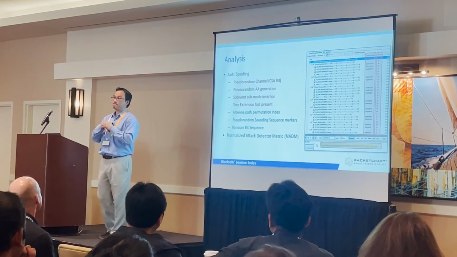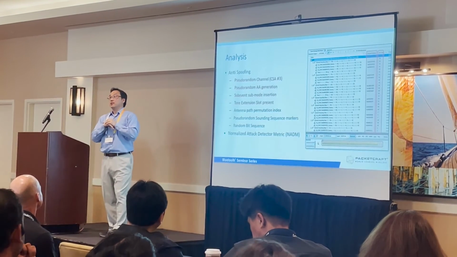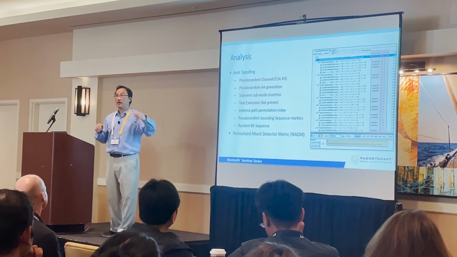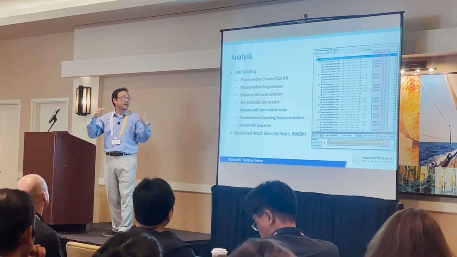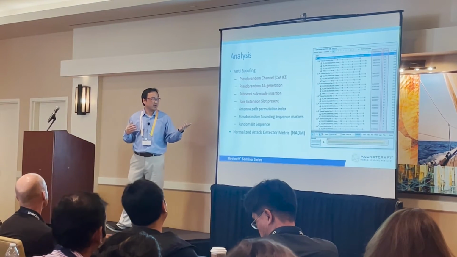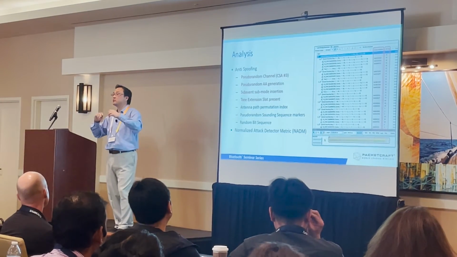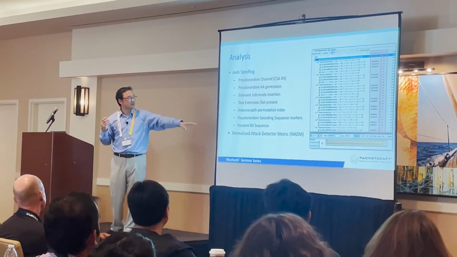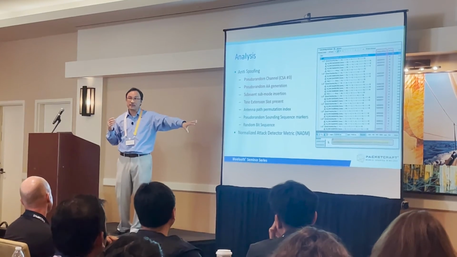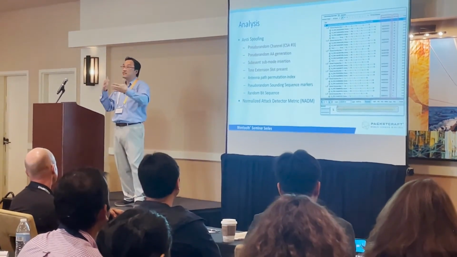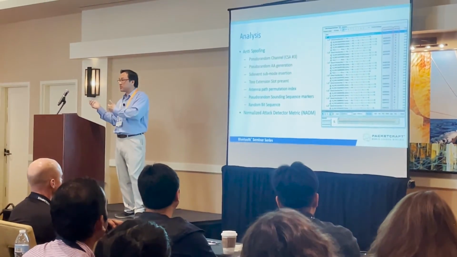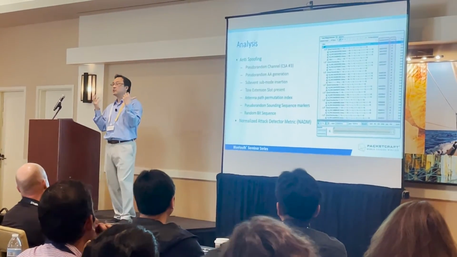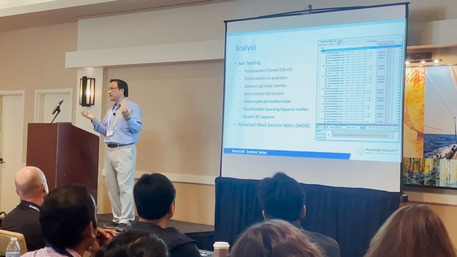Let's say in the car access case, you really want a very high setting for the detector metric for attacks. There's a formula in the way you calculate this. If you start not receiving packets, or if a packet has some corruption in it, this number gets higher. So it's a way to determine the probability of being attacked.